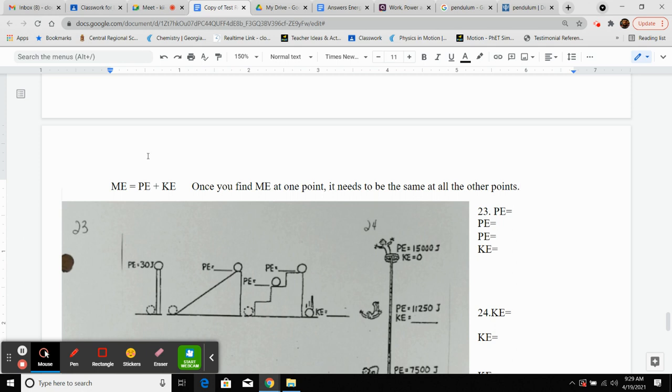So once you find your mechanical energy at one point, it needs to be the same at all the other points for that situation.